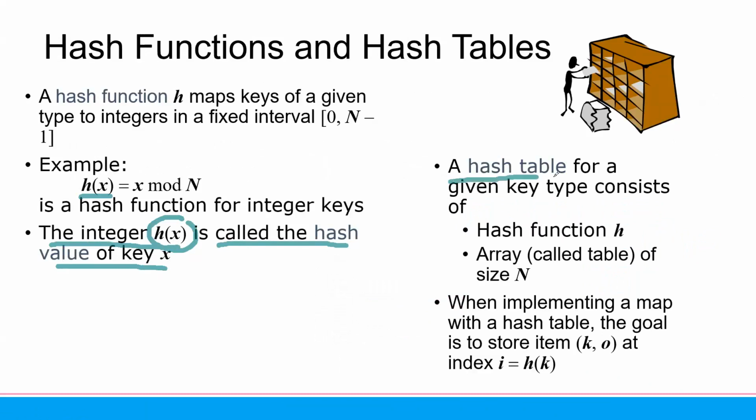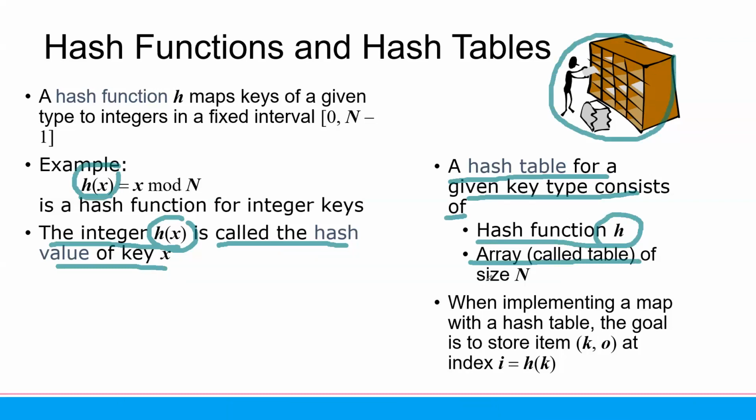A hash table for a given key type consists of a hash function and an array, or we call it a table, of size n.